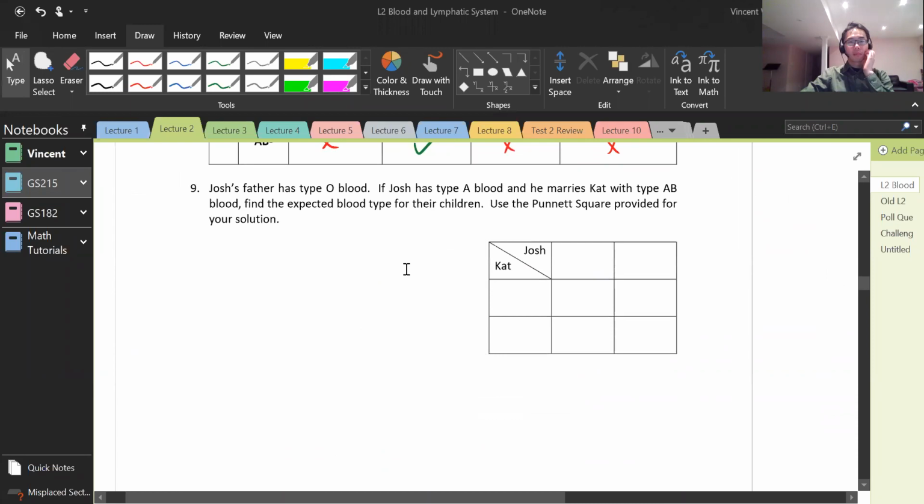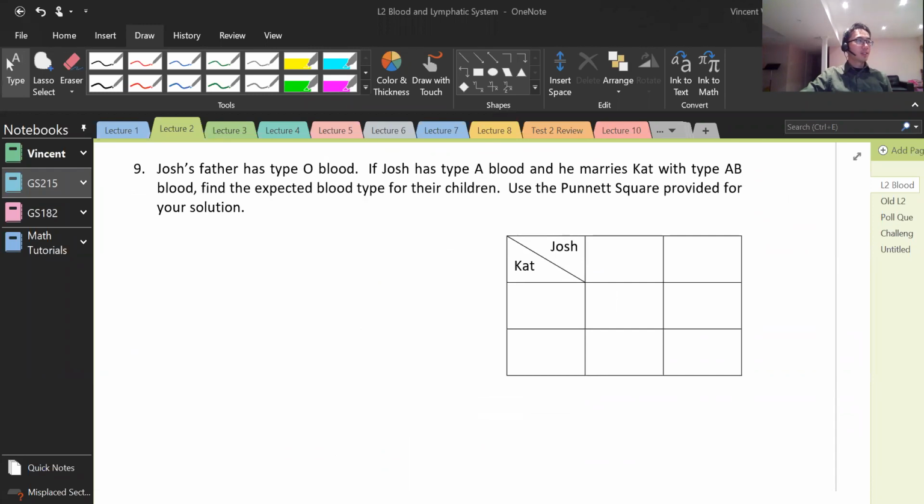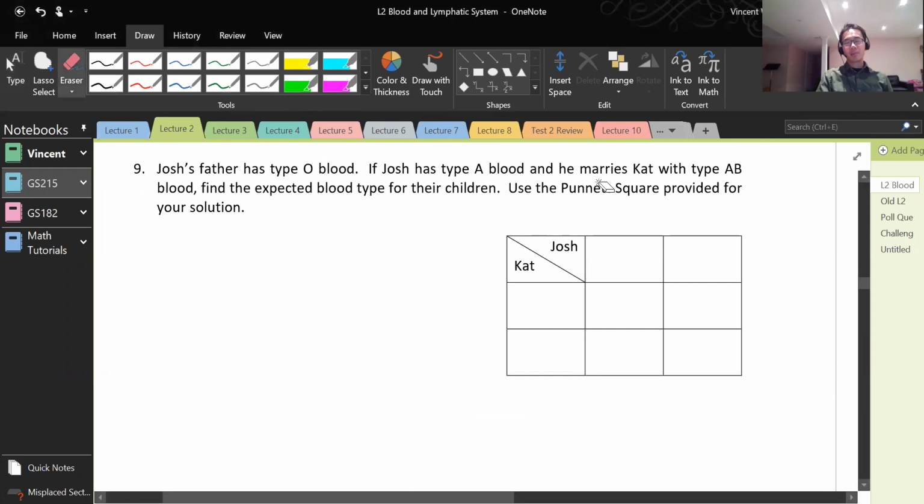What is this stuff called? Pedigrees. So Josh's father has type O blood. If Josh has type A blood and he marries Kat with AB blood, find the expected blood type for their kids. Okay.